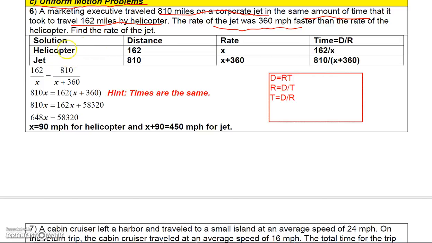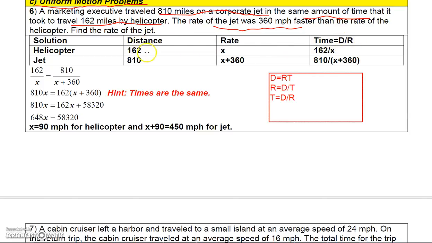So what I like to do is set up the problem where you have your distance, your rate, and your time. And of course, time is distance over rate.